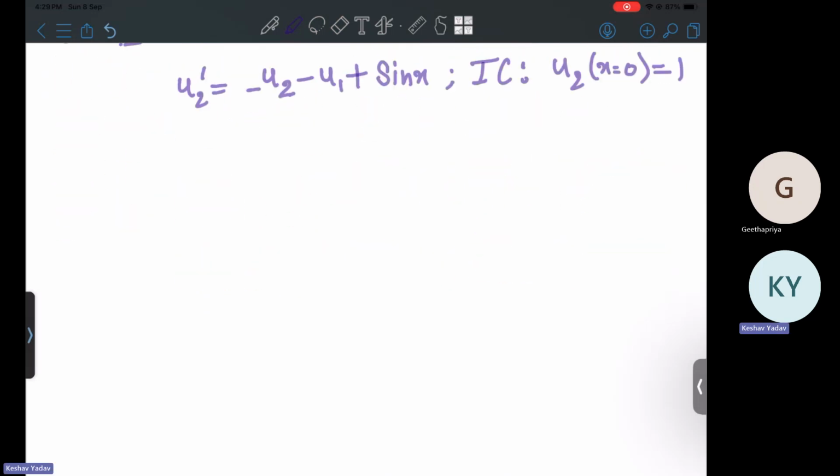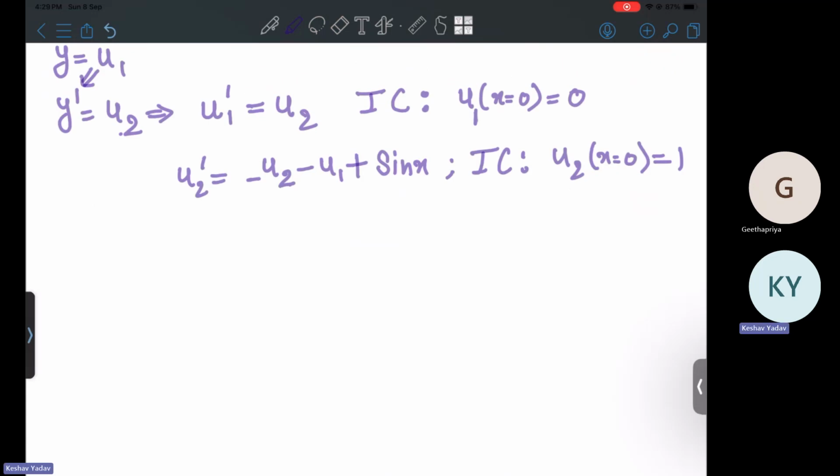So this is my first equation, this is my f1 of x, u1, u2. This is my f2 of x, u1, u2. Okay.